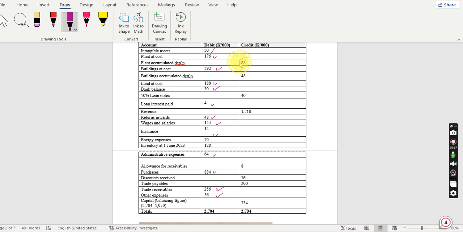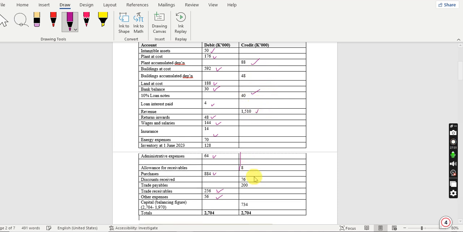First add this 88 plus 48 plus 40 plus 1510 plus 8 plus 76 plus 200.